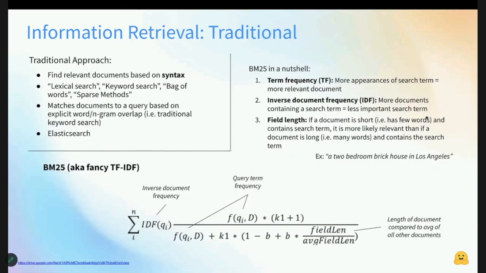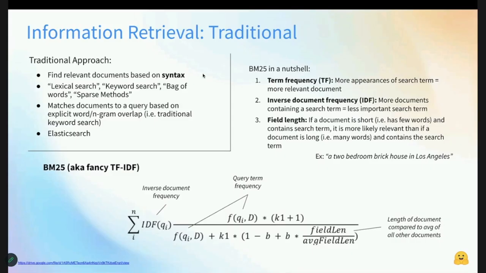And so I guess let's first talk about what is this traditional approach that has been so good for so long. And it sounds like you already are pretty familiar with the idea of lexical search or inverted indices and BM25. But the general way that traditional search has worked is that you find relevant documents based on syntax.